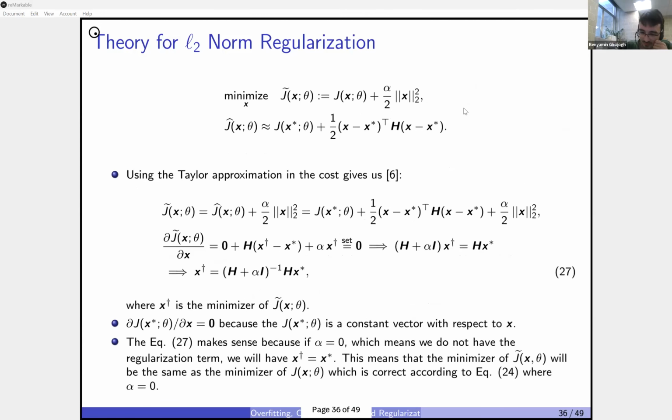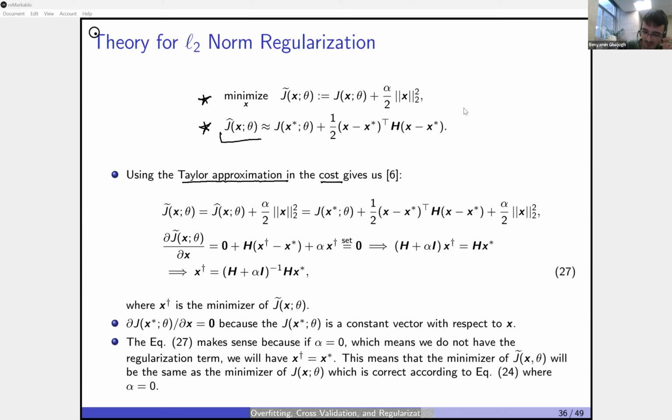Now I'm repeating that here. We were minimizing this. Now let's see the Taylor series approximation for J tilde. Sorry, let's use that, I apologize.